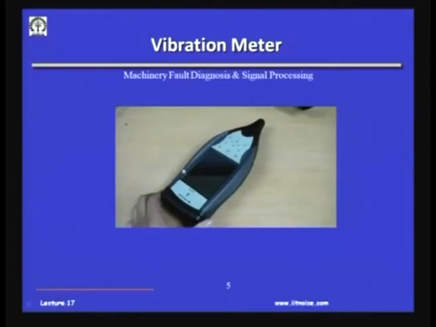In this vibration meter, this also has an option that this electronics could be used as a sound level meter, wherein if you replace this end by a microphone, this becomes a sound level meter. Otherwise, since we are using it as a vibration meter, there is nothing here, just a dummy cap.